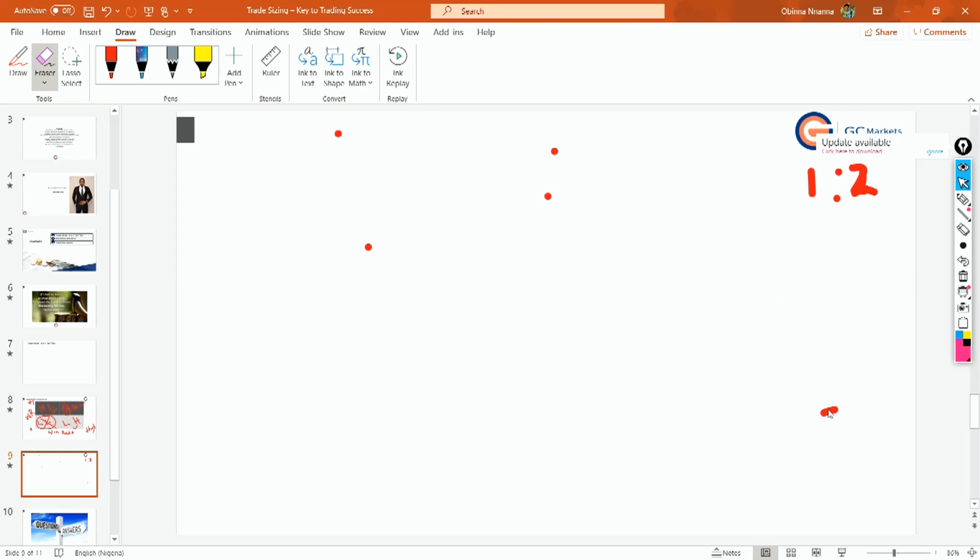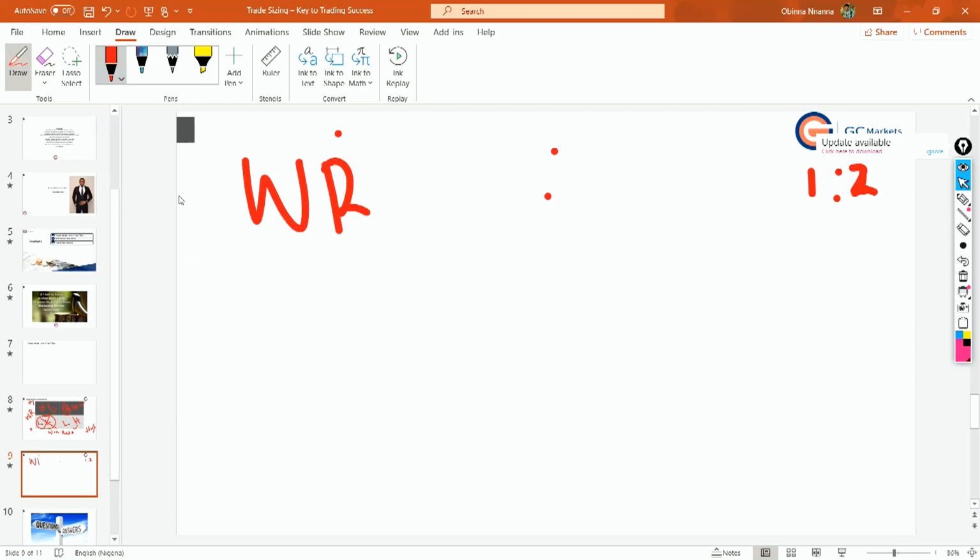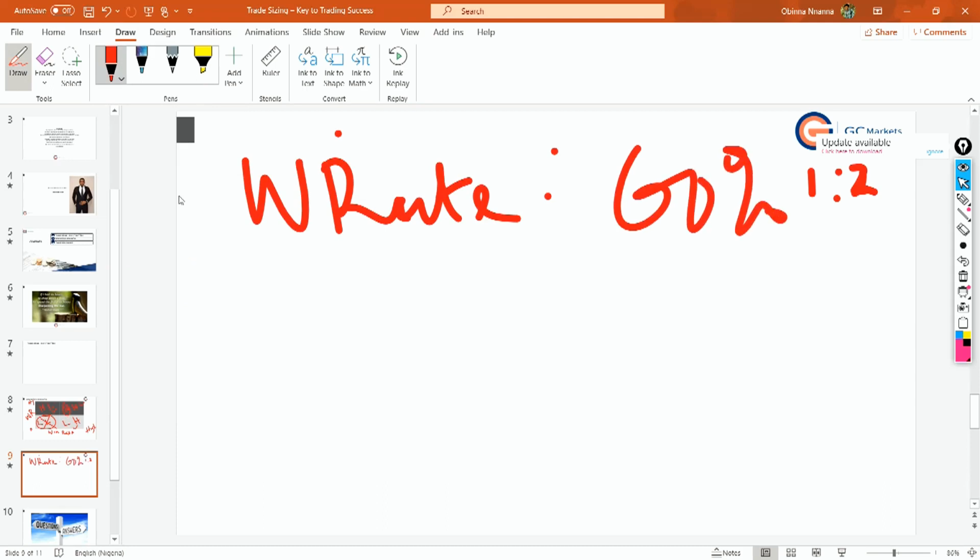So we have a win rate of 60%, and we are risking 1 each time to make 2. That means out of 10 trades, 10 is just a sample size, we win 6 and we lose 4.